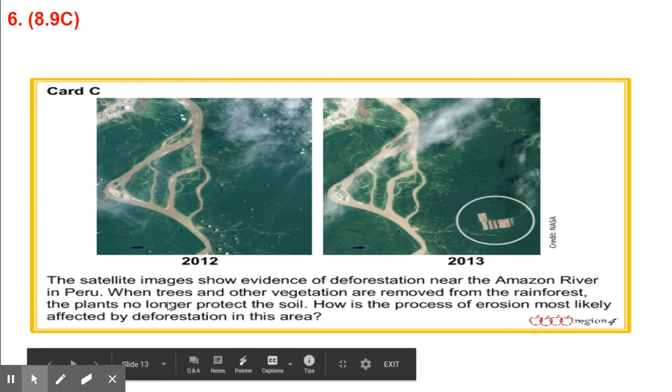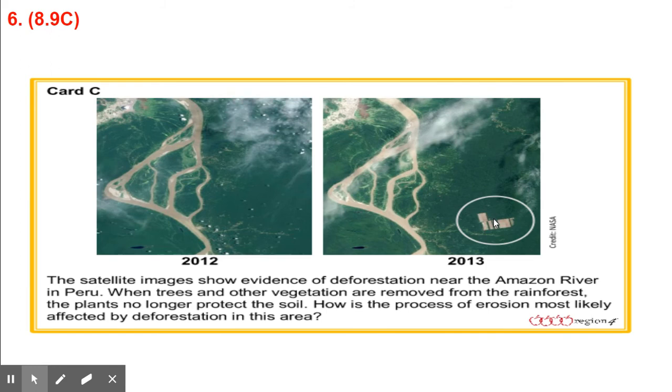So let's read. It says the satellite images show evidence of deforestation near the Amazon River in Peru. When trees and other vegetation are removed from the rainforest, the plants no longer protect the soil. How is the process of erosion most likely affected by deforestation in this area?